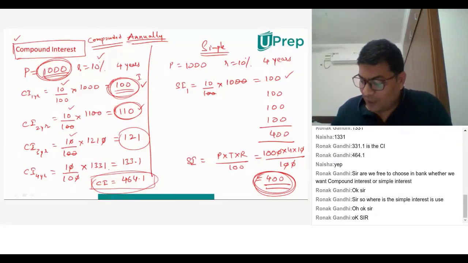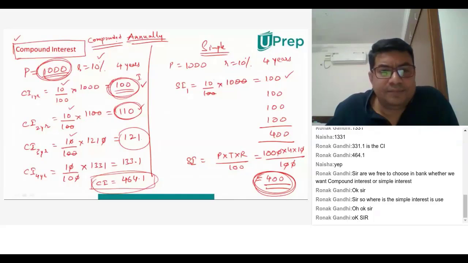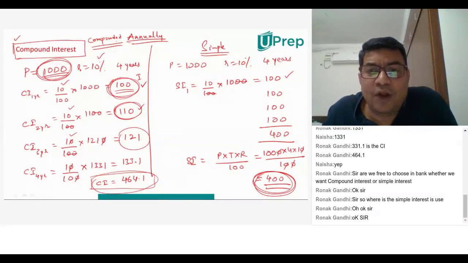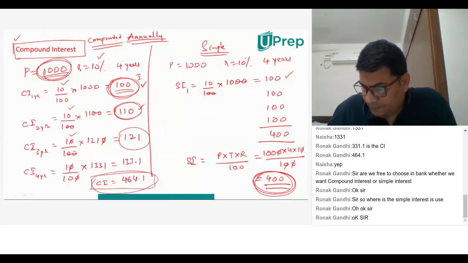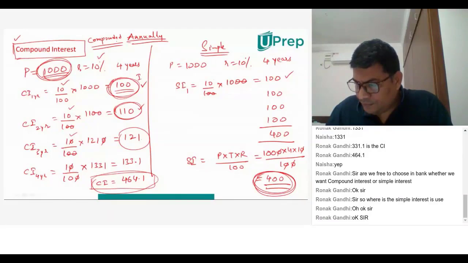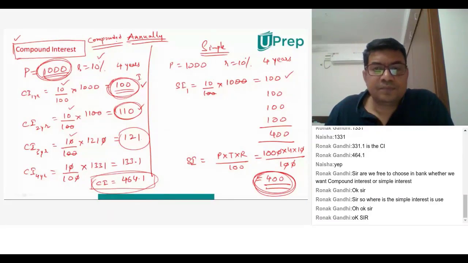Don't worry. So first, explain quickly. Anyone, can you define compound interest quickly? I can directly go into definitions, but I want you to learn. Yeah, Ronak, go ahead. The compound interest is the interest where the principal changes per year.